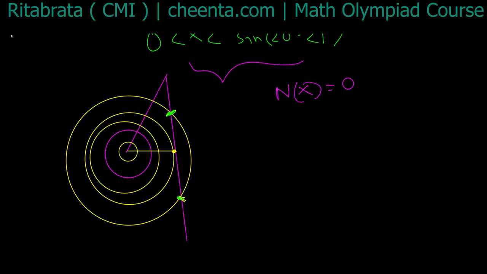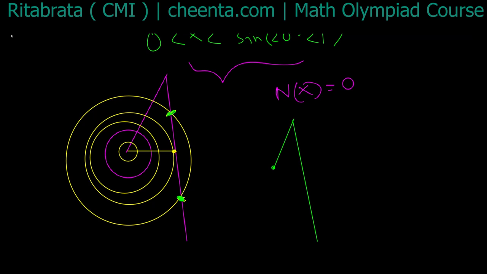When it cuts at exactly 1 point, for that x I have n of x equal to 1, because there is only 1 point that lies both on the circle and the ray. So there is only one possible value of c and the triangle ABC is uniquely determined. So for that value of x, my n of x is exactly 1.